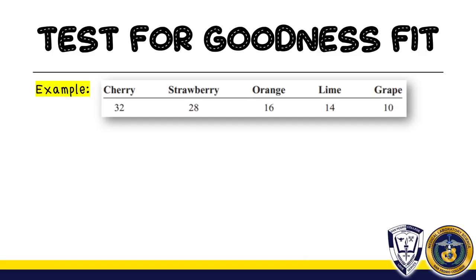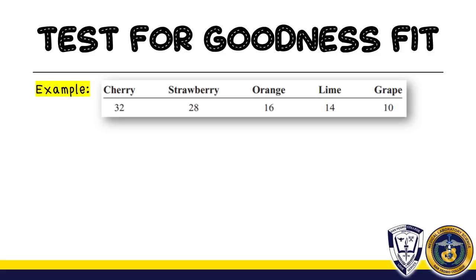So, kunwari ganito. Suppose pumunta kayo ng isang supermarket or grocery, and you wanted to see, kunwari kayo yung nagbebenta ng mga fruit soda which had 5 different flavors: cherry, strawberry, orange, lime, and grapes. Now, you wish to see whether yung mga customers nyo may specific na preference among these 5 flavors.